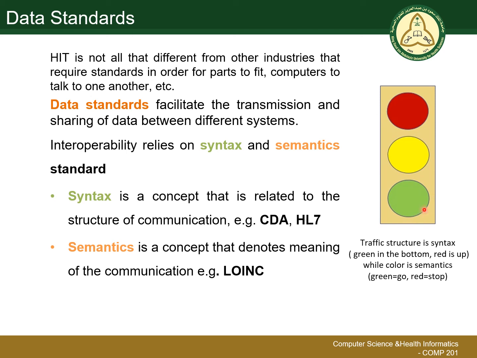So, for example, green means go, and red means stop, and this is universally understood around the world, that this is how the traffic light is structured, and these are the meanings of the colors of the traffic light.